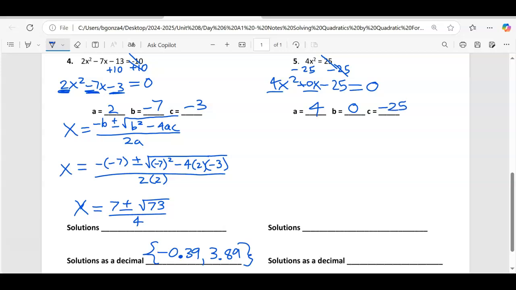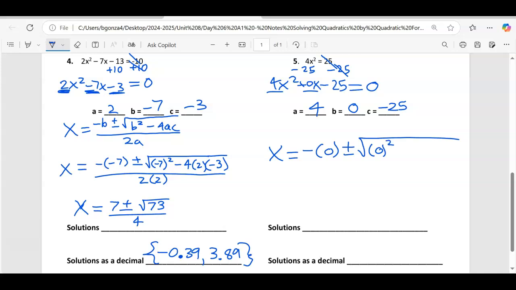So we got to take all that, plug it in to the quadratic formula right here. So let's do that. X equals negative, and then b, in this case, is 0. Negative b, negative 0. Plus or minus the square root b squared, so it's going to be 0 squared. It's kind of weird.